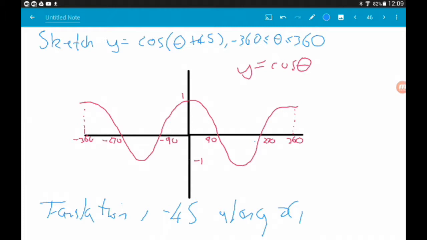So the vector is (-45, 0). None of the y coordinates change, only the x coordinates, so they go 45 degrees to the left.